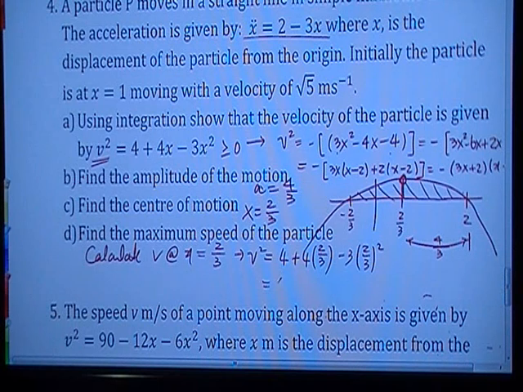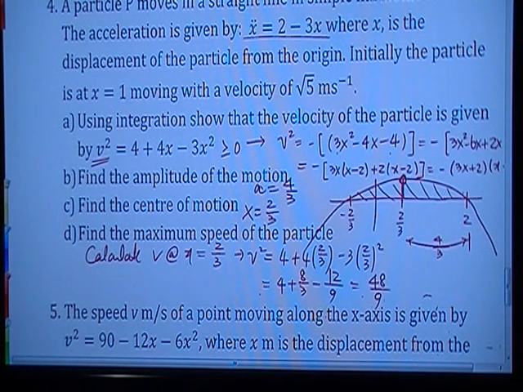And that would equal 4 plus 8 on 3 minus 12 on 9. Times out by 9 is 36 plus 24, which is 60, minus 12, which is 48. Yeah, that makes a bit better. Equals 48 on 9.